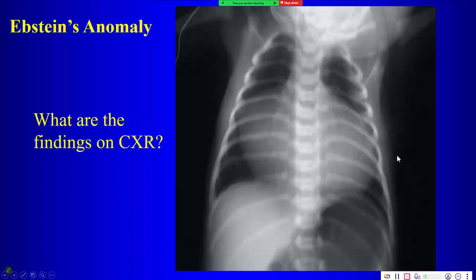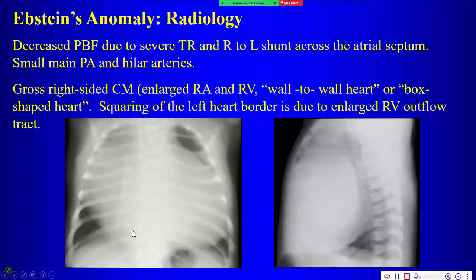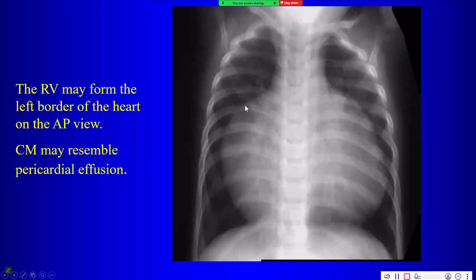So it's called box-shaped heart, or wall-to-wall heart is another descriptive term that's been used for this, right? So the marked enlargement of the right atrium. So that enlargement of the right atrium then results in that box-shaped or what's called the wall-to-wall heart with Ebstein's anomaly. So big right atrium in patients with decreased pulmonary blood flow.